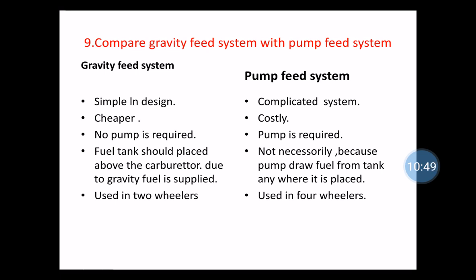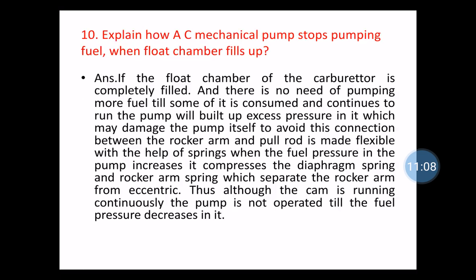In gravity feed system the fuel tank should be above the carburetor, and in pump feed system it is not necessary, so the pump can draw fuel from anywhere. Gravity feed system is used in two-wheelers, whereas pump feed system is used in four-wheelers, etc.